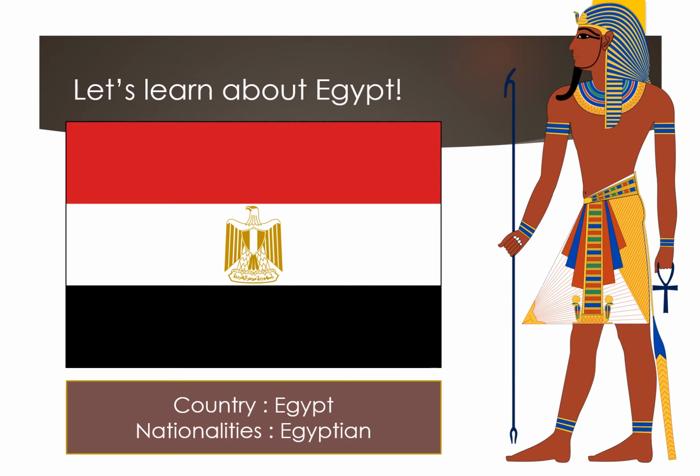The nationality is Egyptian. We call the people of Egypt Egyptian. Egypt is very famous for history. There are very interesting mummies and pyramids. Let's check out what mummies are and what pyramids are.